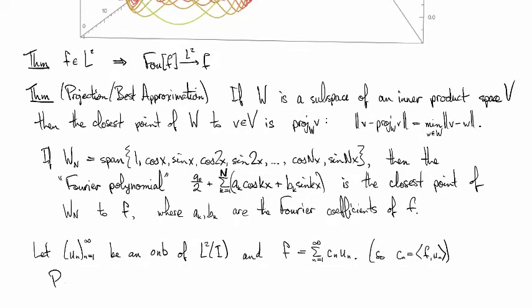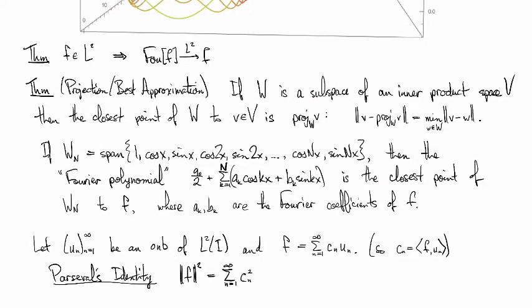Then we have a couple of famous identities. So Parseval's identity is that the magnitude squared of f is equal to the sum of the squares of the orthogonal components, which, if you recognize that the squared values of the Fourier coefficients are exactly the magnitudes of Cn un squared, then you realize that this is nothing other than Pythagoras' theorem in infinite dimensions.